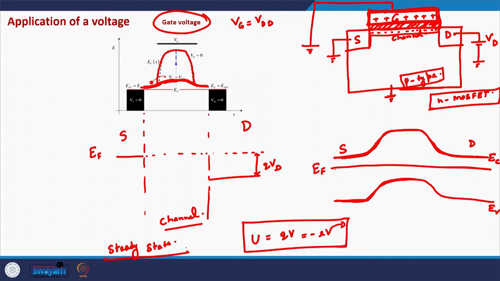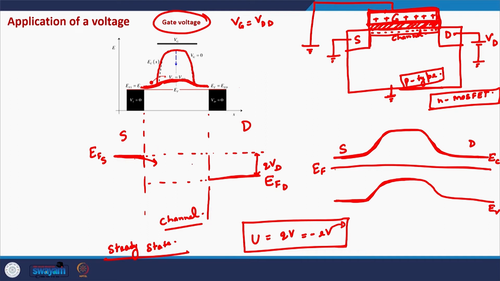Okay. So what happens now is that in the channel region, if the source and the drain regions are large, the source terminal tries to fill all the states in the channel region up to the Fermi level of the source, and the drain terminal will try to fill all the states in the channel up to the Fermi level of the drain.